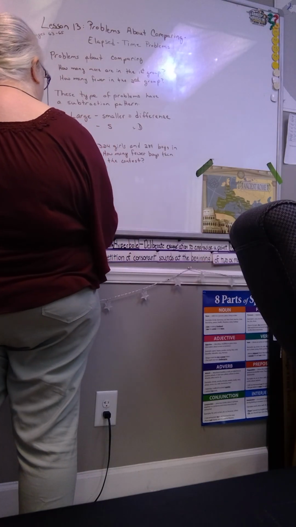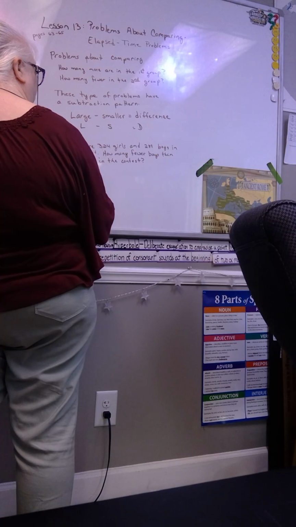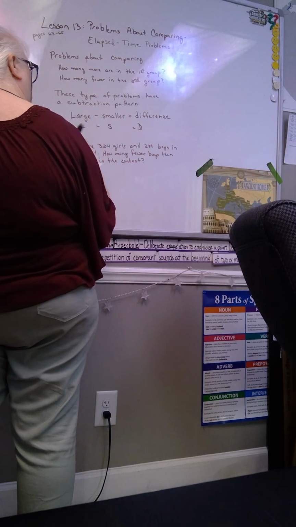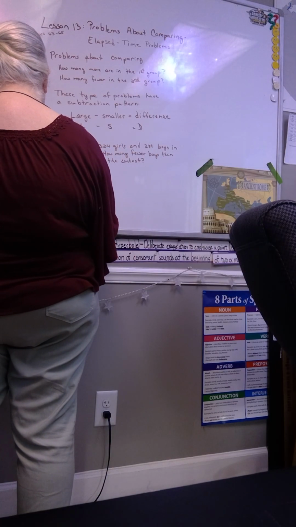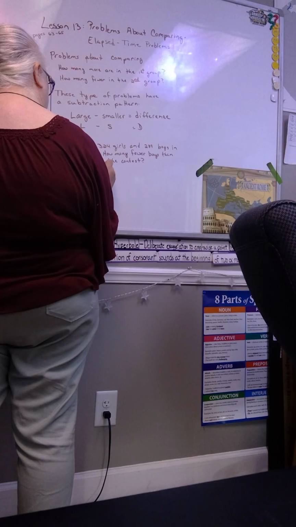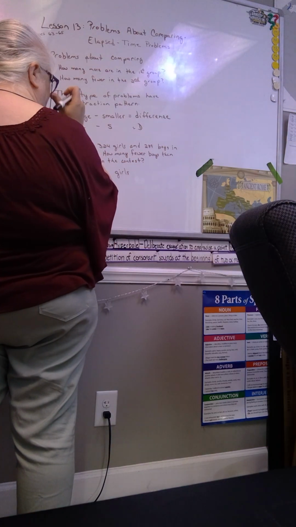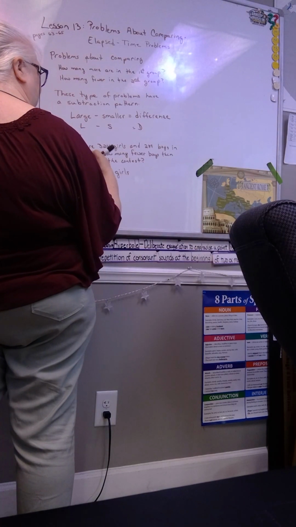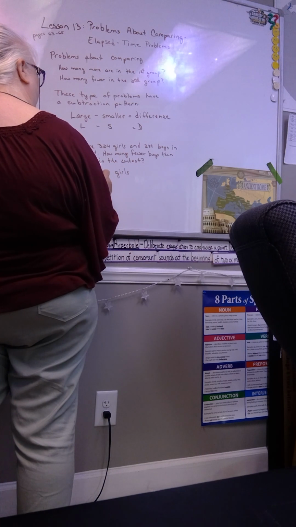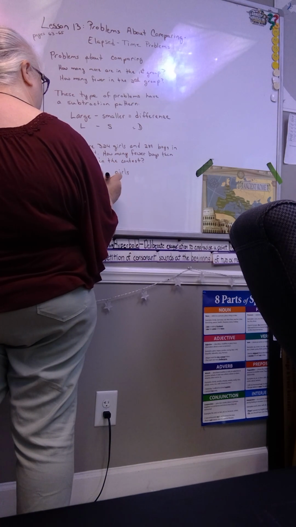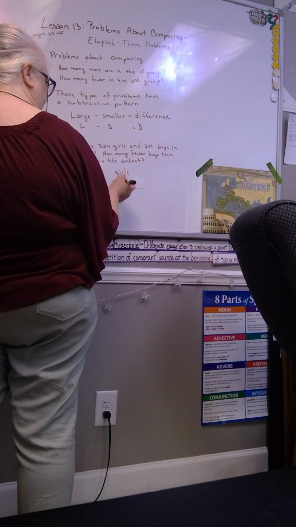So remember our pattern, larger minus smaller equals difference. So here, how many fewer boys? The larger number is the girls' number. So we'll have 324 girls. And this is kind of like some and some more, except we're subtracting. And then we'll have 289 boys. And we're going to get fewer boys.